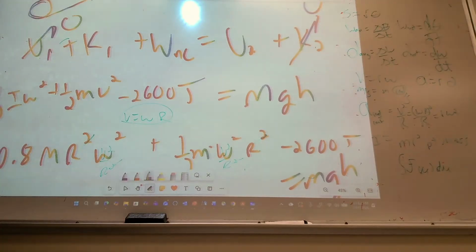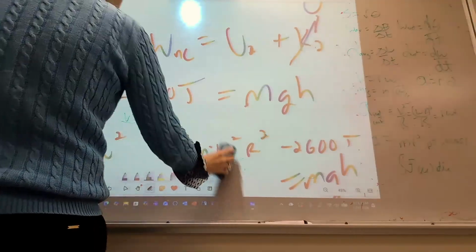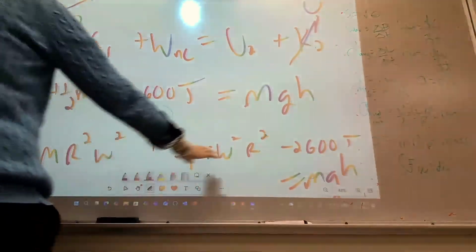They gave you the r. But you really didn't need the r. Well, you need it to get your v here, I guess. But in order to get the equation in terms of v, you don't need the r.